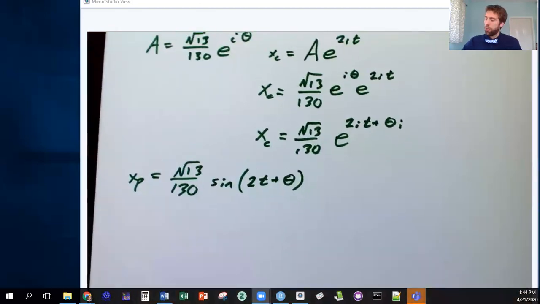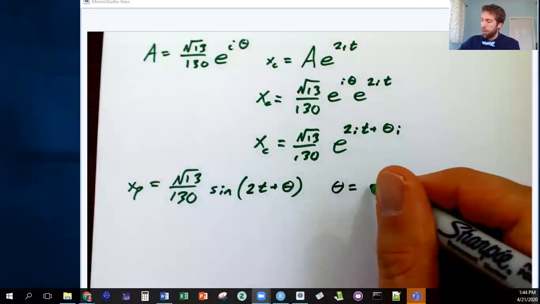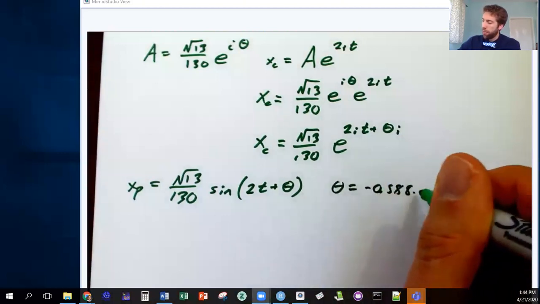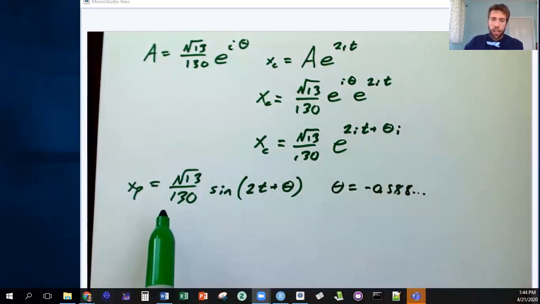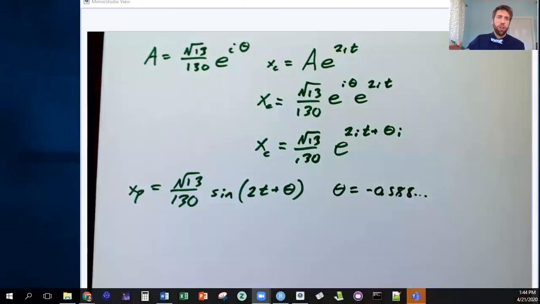And that's actually also equal to this, where theta equals the negative 0.588. And so this tells me the amplitude of the wave. And this tells me how far off it is from starting at 0.